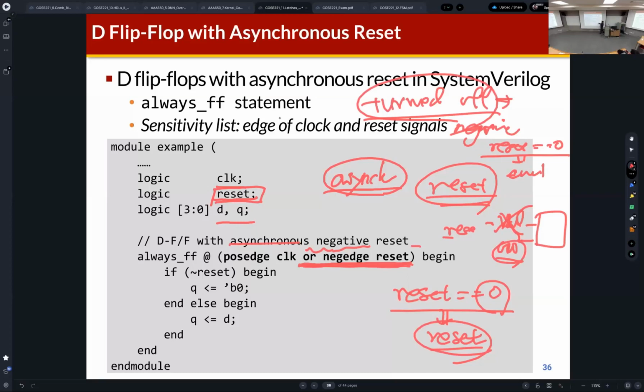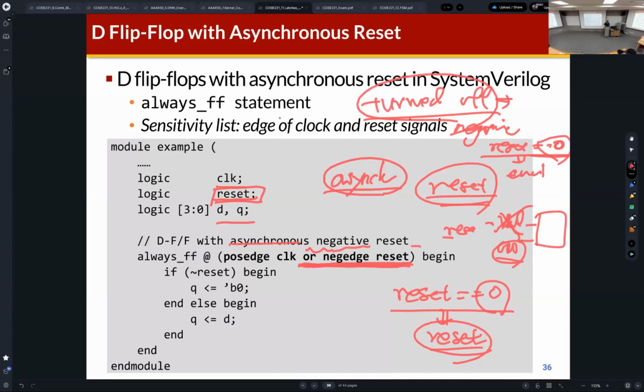So usually when the electric device is turned off, the signal becomes 0. It's also the same for the reset signal. When the power is off, the reset signal becomes 0, which means that we need to define the reset state when the reset signal becomes 0.